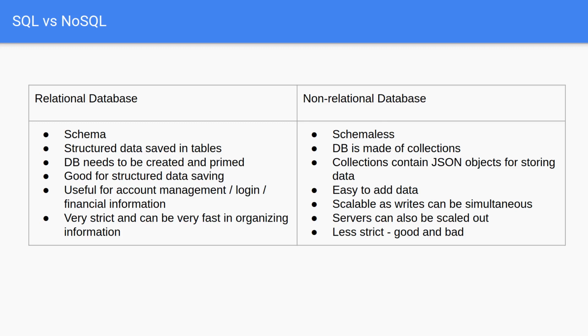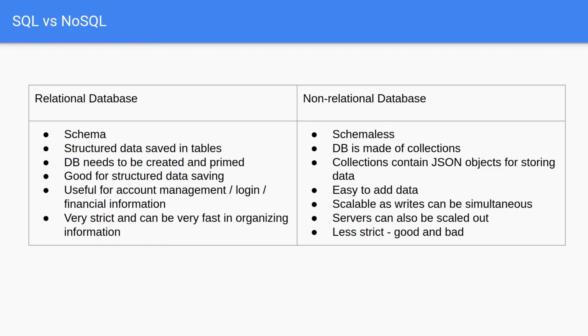So NoSQL is schemaless. Its database, or sort of quote unquote database structure, is actually made of collections, and I'll show an example in a minute. The collection contains various JSON objects, which can sort of function in the same sense of a database.